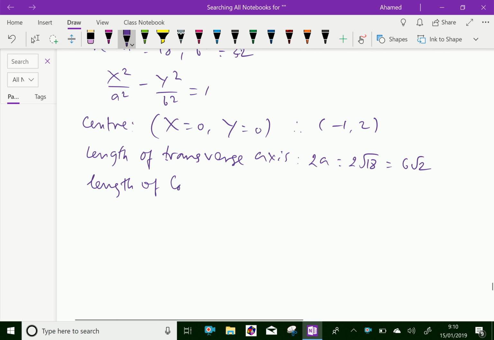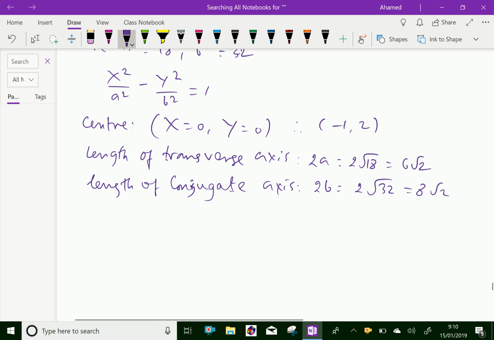Length of conjugate axis is 2b, which is further equal 2 into root of 32, which gives by simplification 8 root 2.